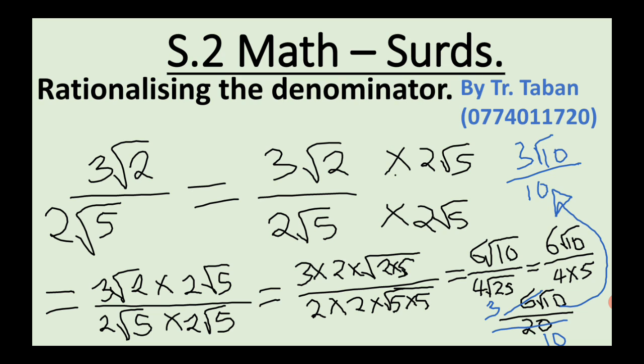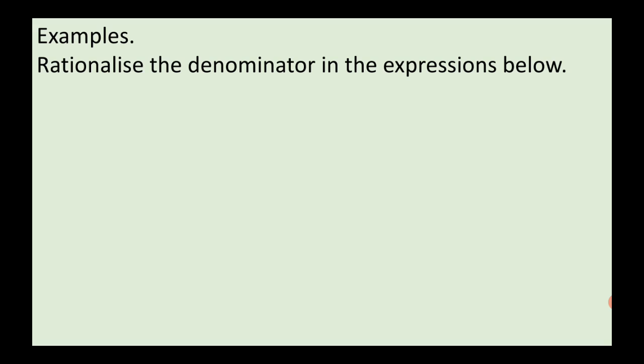In today's lesson, we're going to be rationalizing the denominator, whereby we have to add or subtract roots in the denominator. This is what I mean. You can have these examples here. Rationalize the denominator in the expressions below.